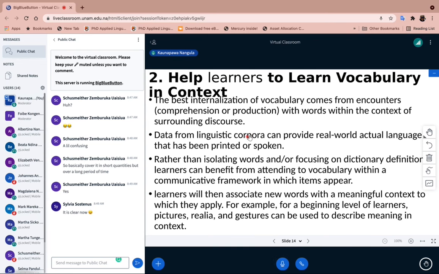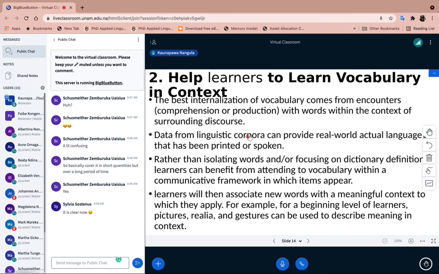Okay, corpus, the one that we have seen from the previous class, gives the learners a chance to meet the word in context, because corpora is like many corpus.